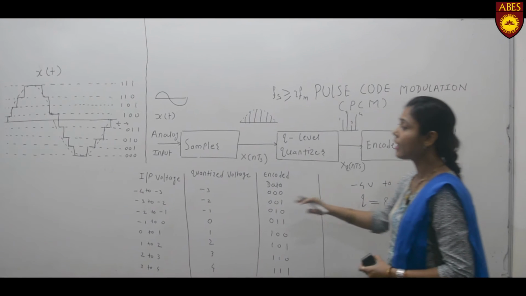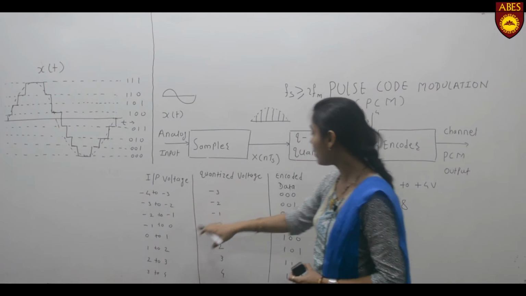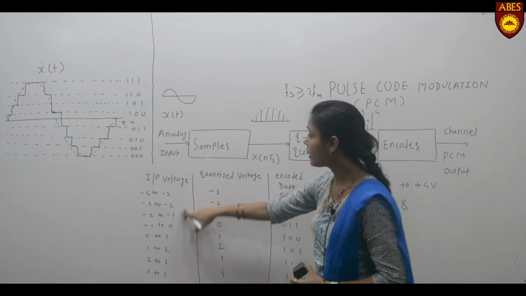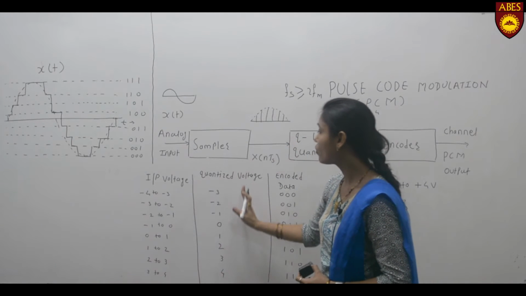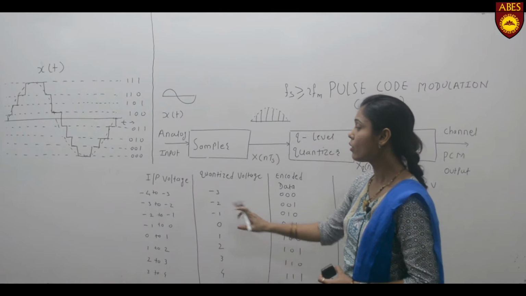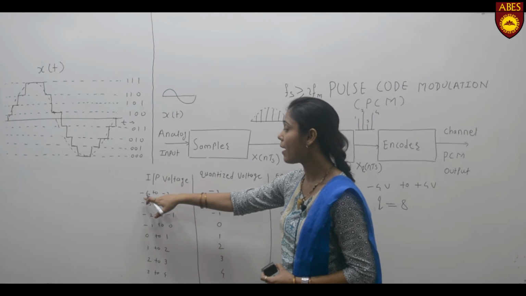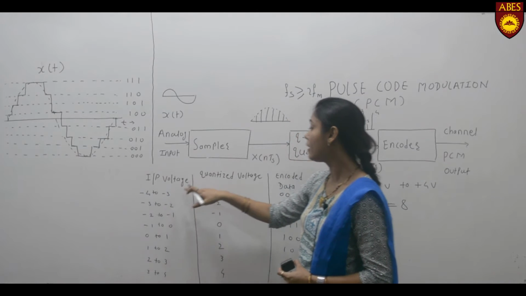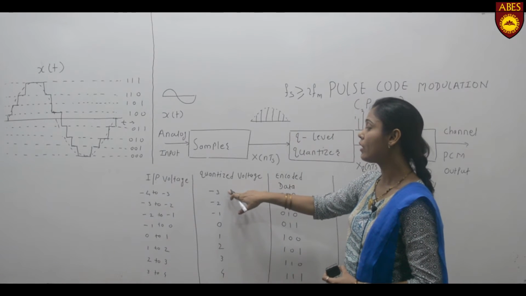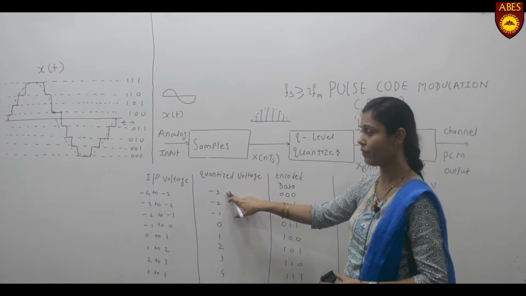Here is the table which shows how the input voltage level is converted into a quantized voltage. The samples having a voltage level from -4 to -3 volt are approximated with -3 volt.